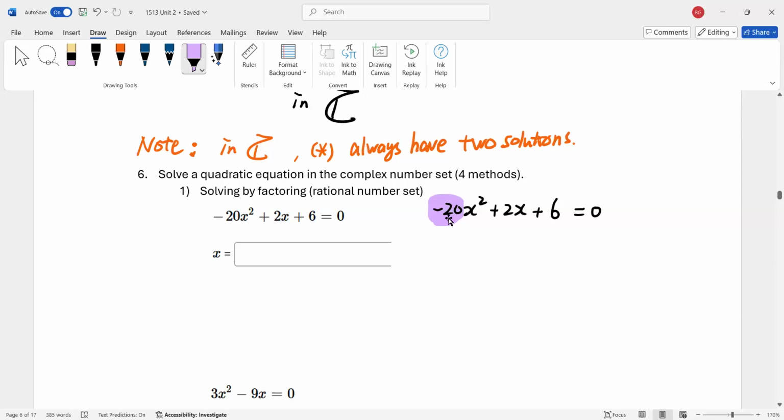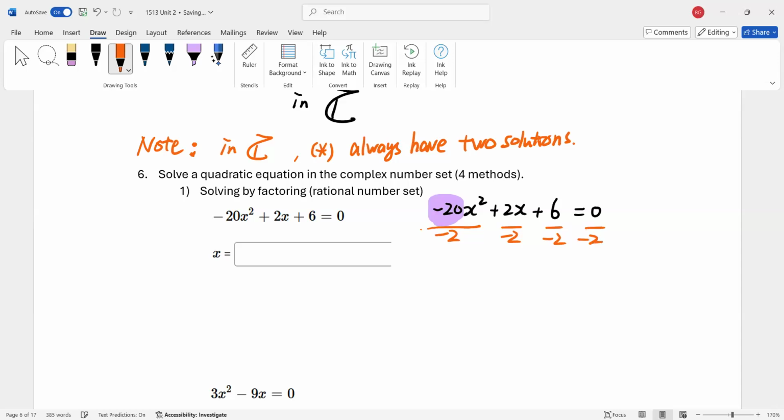Did you notice? 20, 2, 6, actually including 0, they are all even numbers. By the way, 0 is an even number. In other words, the four terms in the equation have a common factor 2. Why don't we just get rid of it, right? Now just get rid of the 2. We don't like the leading coefficient negative, so we are going to divide everything by -2.